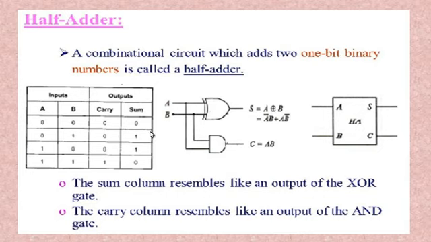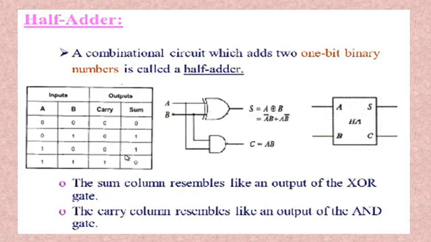So this is the output of an XOR gate, or this is the logic of an XOR gate. So it is clear that from these two outputs, sum and carry, we have to use an XOR gate for sum and an AND gate for carry.